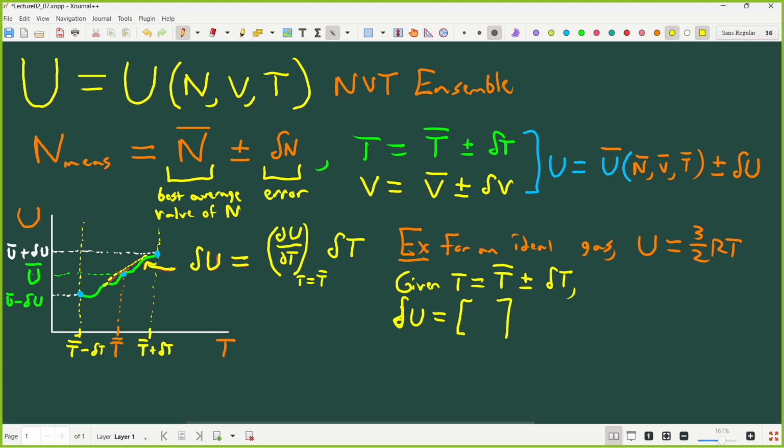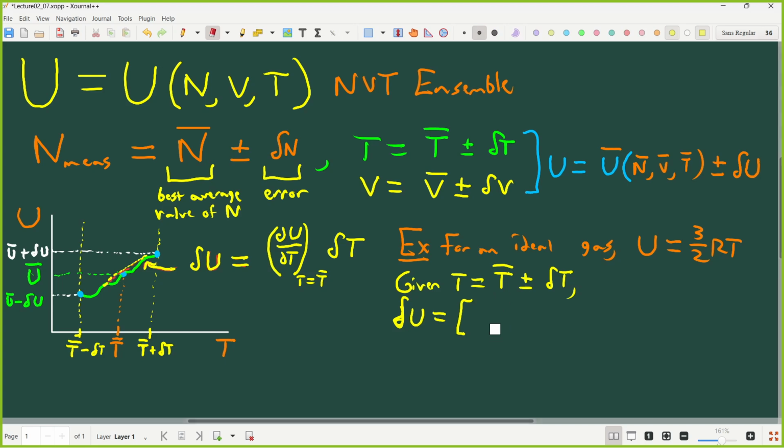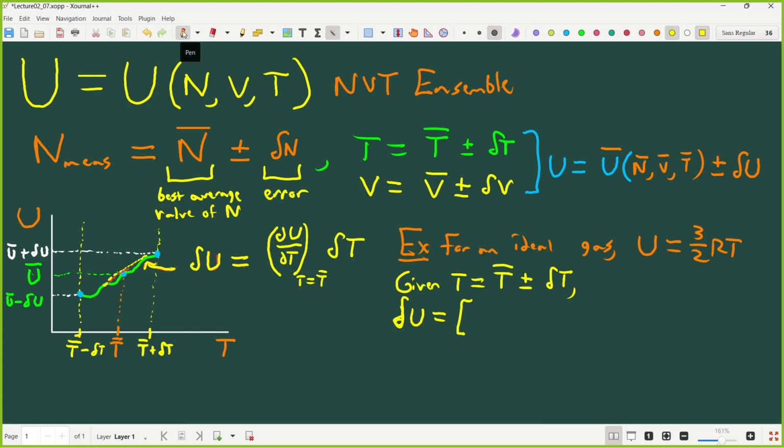So let's go ahead and calculate that. Let me just get rid of these for now, because we need some space. So we have a function u is equal to 3/2 RT. So let's take a derivative with respect to t. What is that? This is a derivative of 3/2 RT with respect to t. It's the derivative of a linear function, what? 3 halves R. Yeah, 3 halves R. The t goes away.